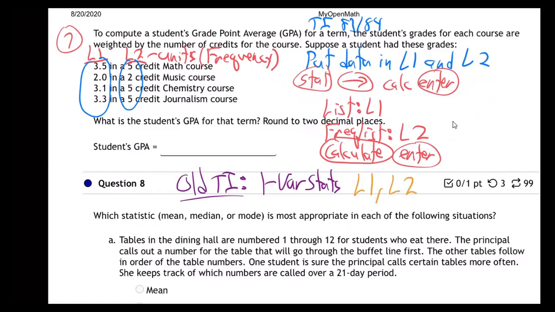And remember how you get these. To get L2, you've got to hit second and 2. To get L1, you've got to hit second and 1.